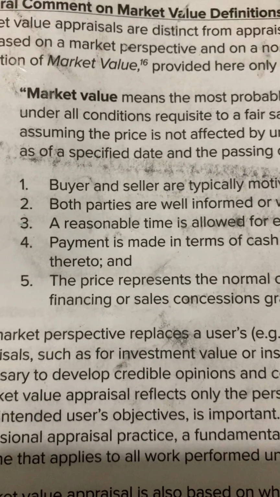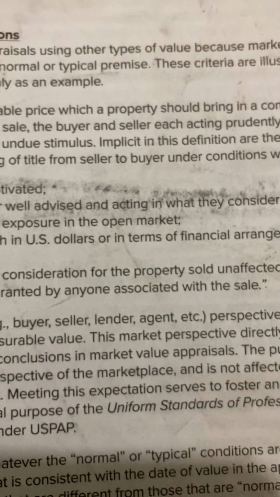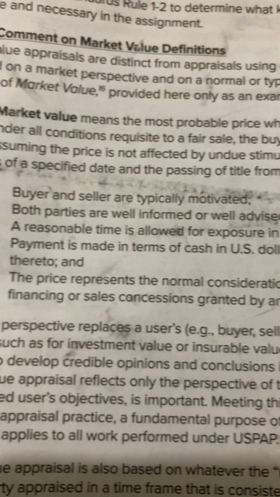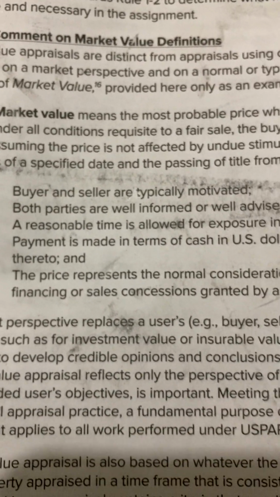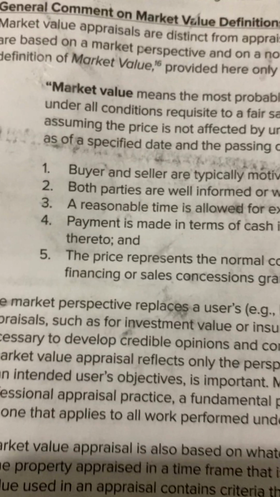Number 2, both parties are well informed or well advised and acting in what they consider their own best interests. Number 3, a reasonable time is allowed for exposure in the open market.